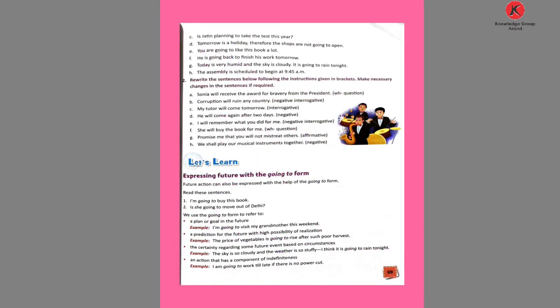And the second one, corruption will ruin any country. Negative interrogative we ask. Okay, so in the B we can make the question with will. Write will, then corruption, changing the place.